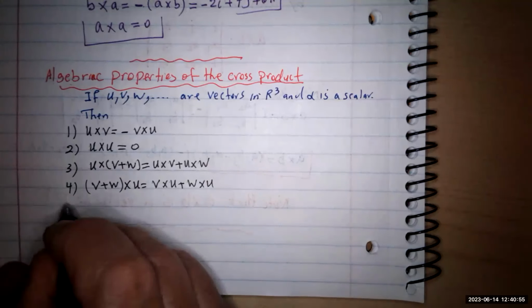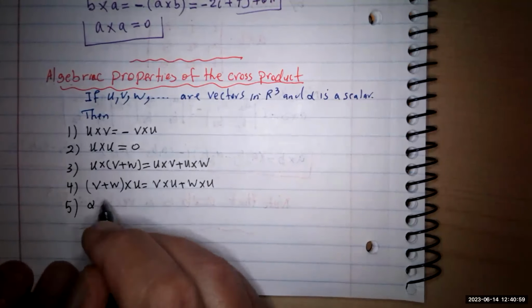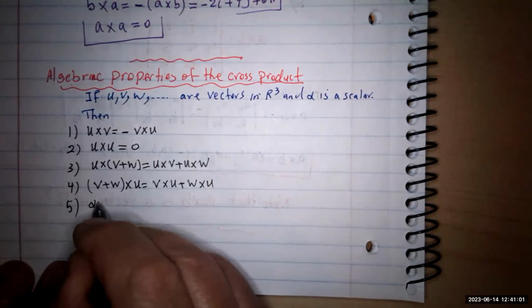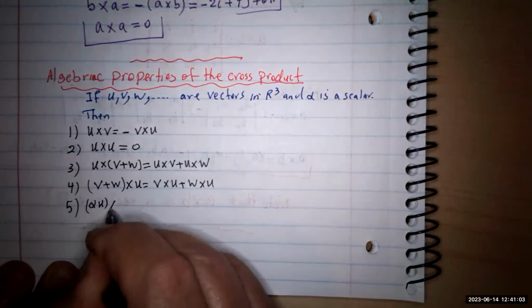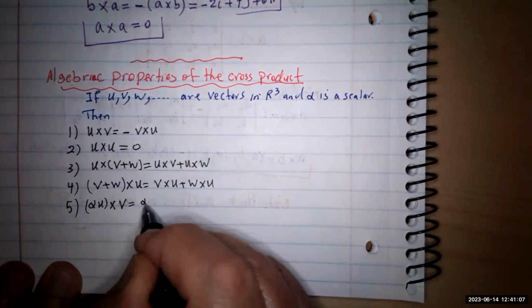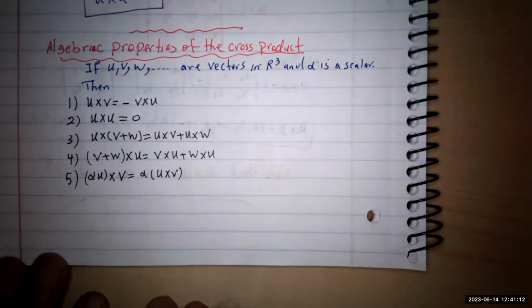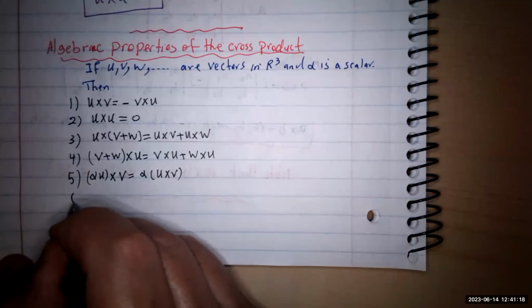And if you get a number, alpha U cross V, it's a number, you can pull it out: alpha times U cross V. What else can we do? That's number 5.